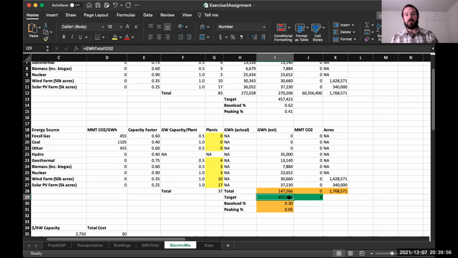This is here in green, which is again about 450,000 gigawatt hours. And I've also highlighted a couple constraints. I've said that your base load can't go below a certain number. I think I said 30%. You can't go below 30% for base load, and you need at least 20% for peaking, okay?